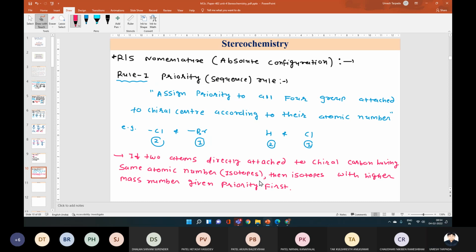This is a sequence rule, and the journey continues till the priority is decided. Your journey continues.